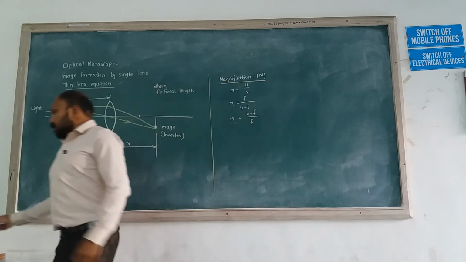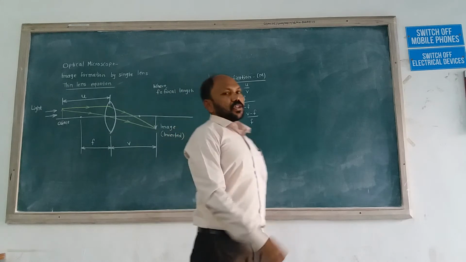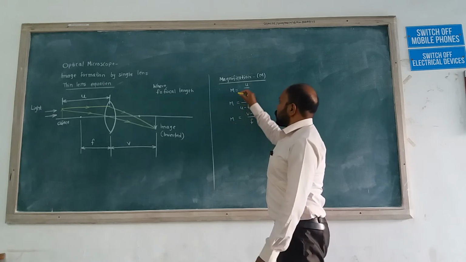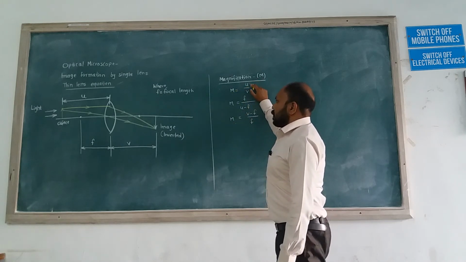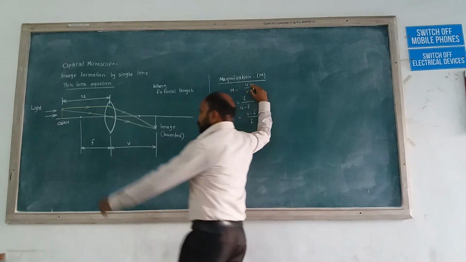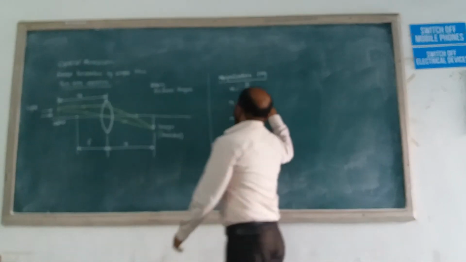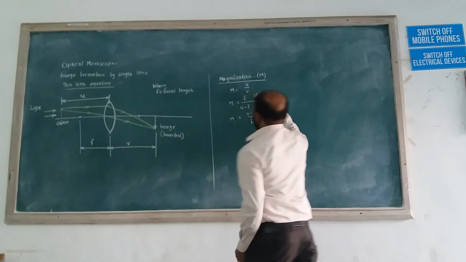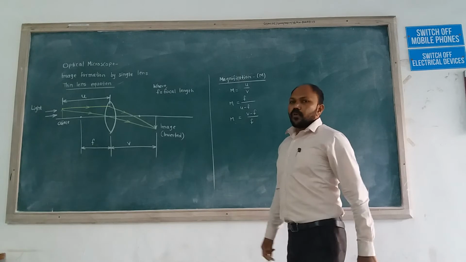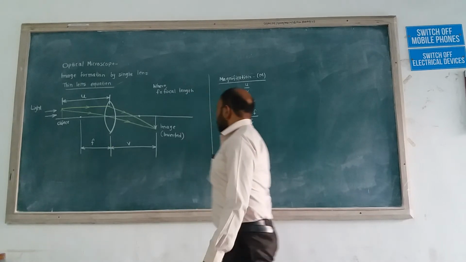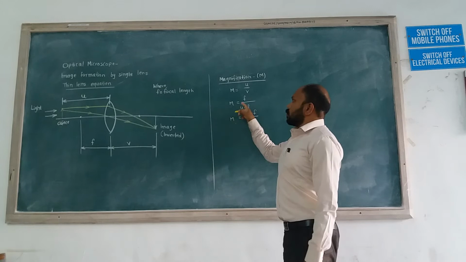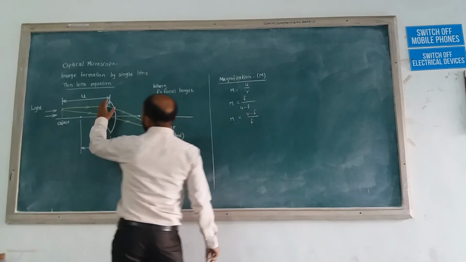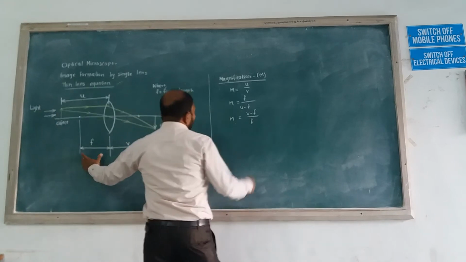So now the next term is related to magnification. Magnification is represented with the symbol m. What is magnification? Magnification is the ratio, that is, m is equal to the distance from the lens to the image divided by the distance from the lens to the object. In terms of focal length f, the magnification m is equal to f divided by u minus f.